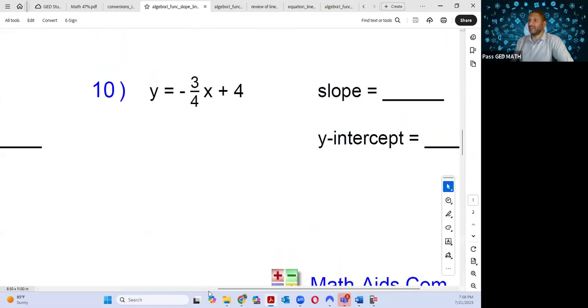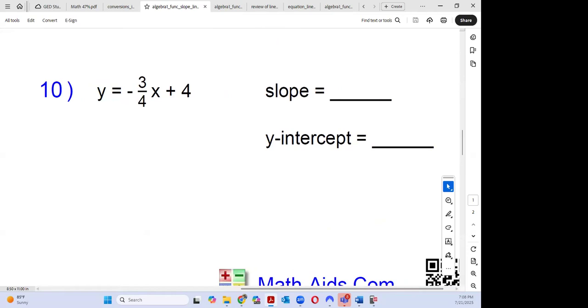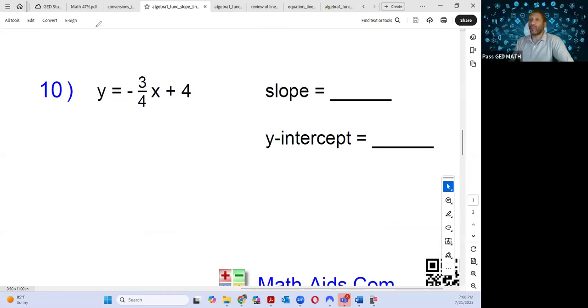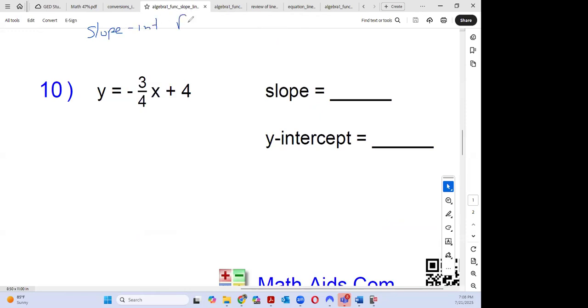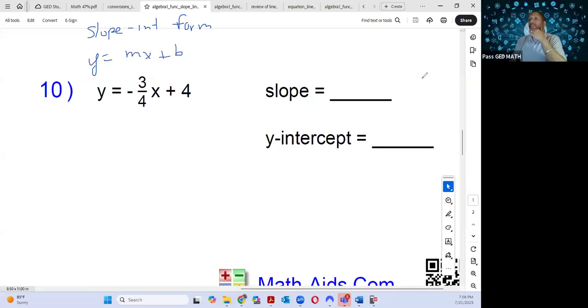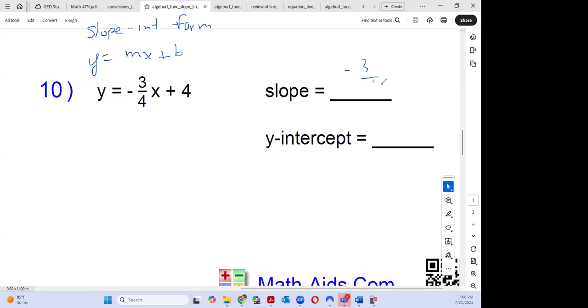Is this slope-intercept form or standard form? That's standard form. No, slope-intercept. How do you know what is slope-intercept form? Slope-intercept is y equals mx plus b. My slope is negative 3/4, my y-intercept is 4.